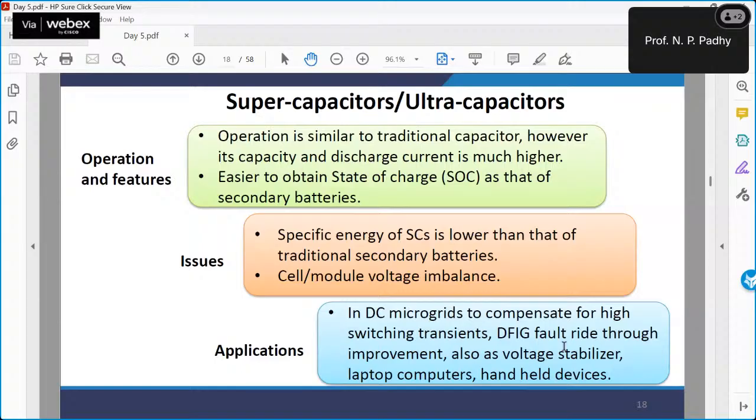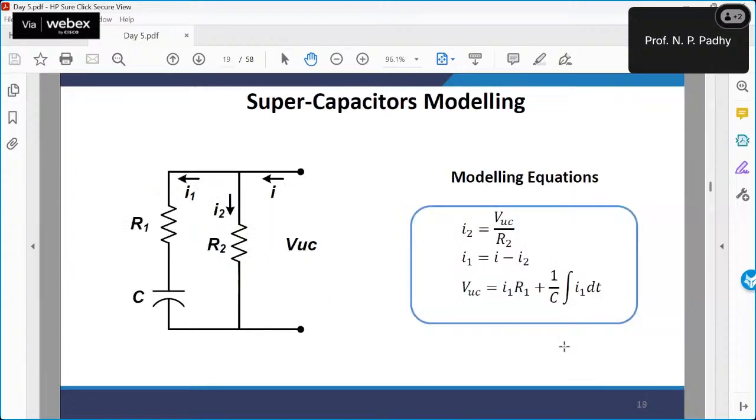Now in DC microgrids, it is used to compensate for high switching transients, and for DFIG fault ride-through improvement also. Like the way we model a battery, one can ask, can you model the supercapacitor?